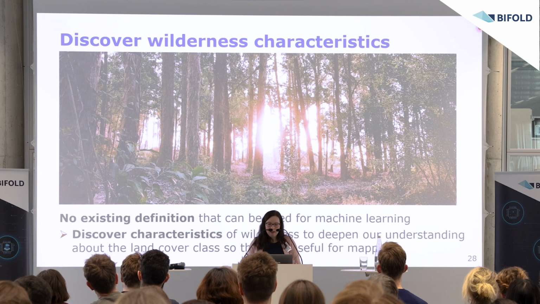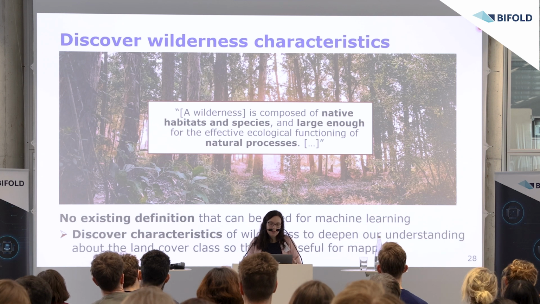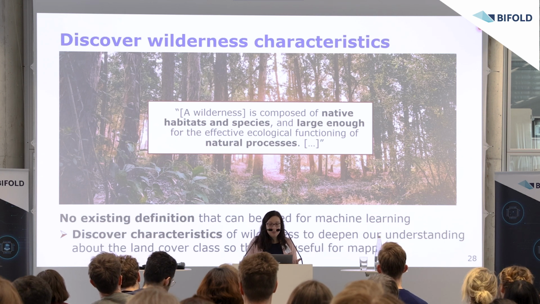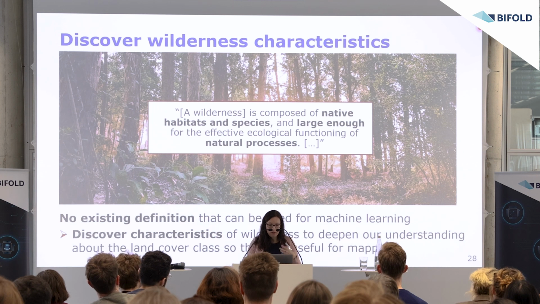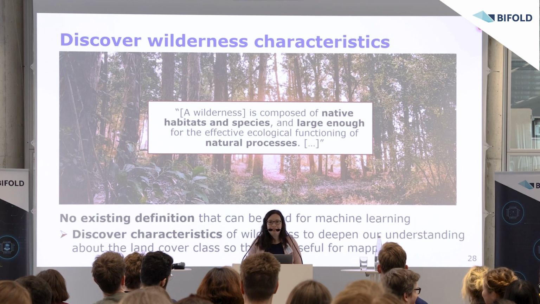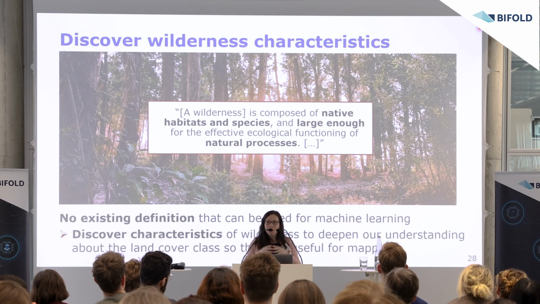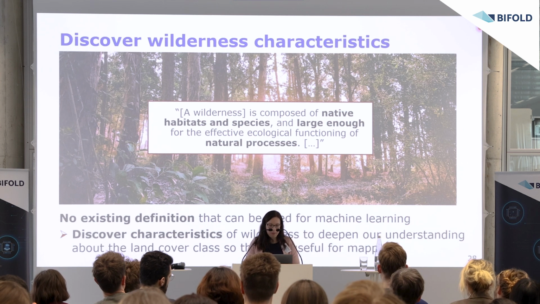There are some definitions out there, for example, from the European Commission, and it says a wilderness is composed of native habitats and species and large enough for the effective ecological functioning of natural processes. It says large enough and natural and such things, but this is nothing we can use for machine learning, and there's no defined land cover class for wilderness, so we don't know how we can use it for mapping.